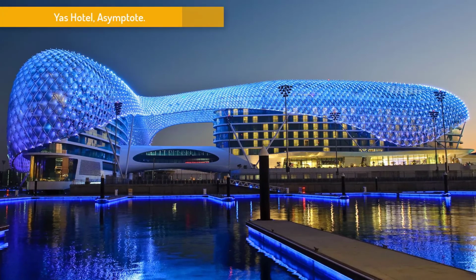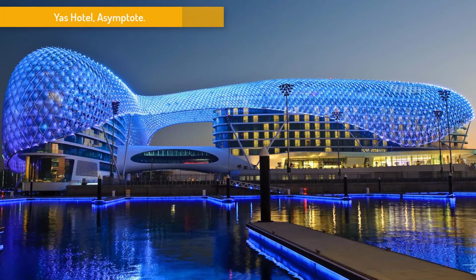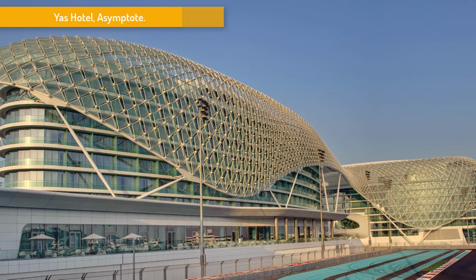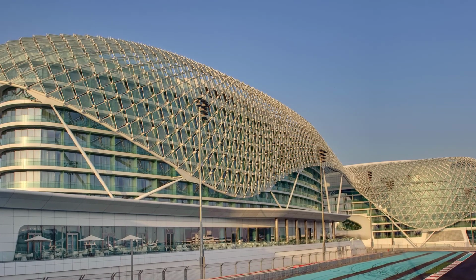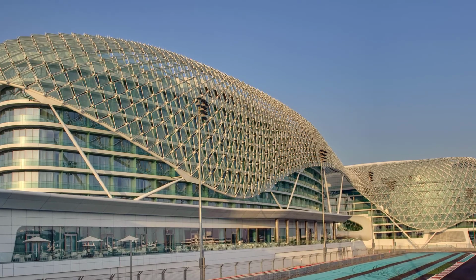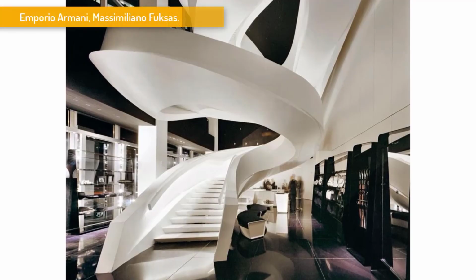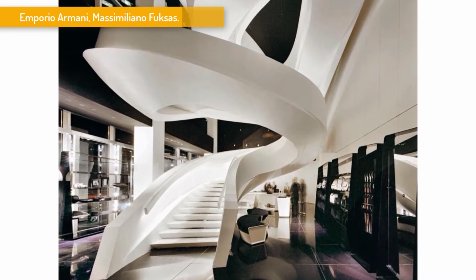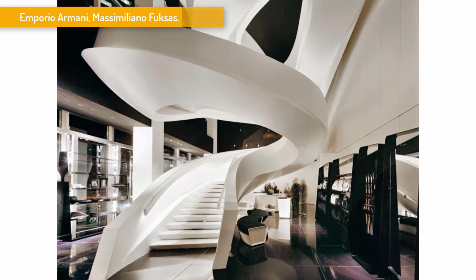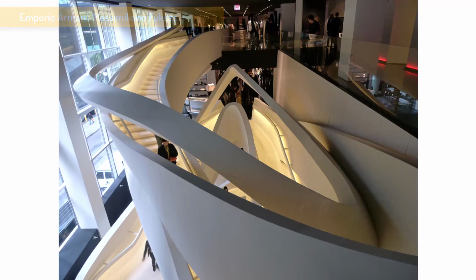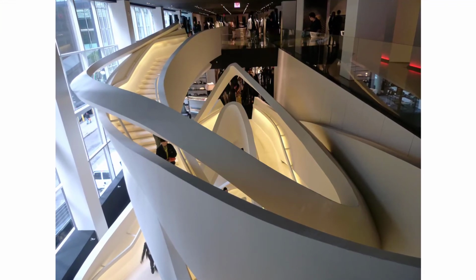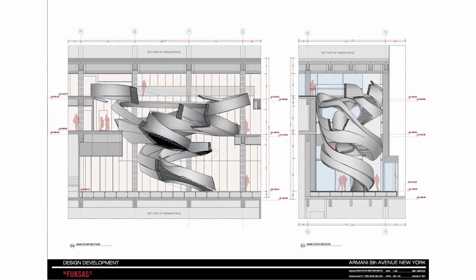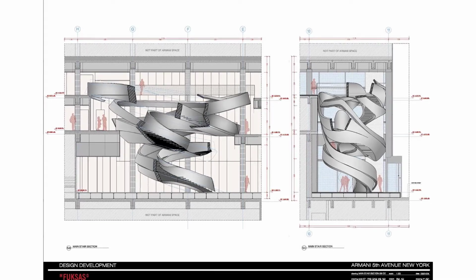This fantastic hotel at Yas Marina Bay is above a Formula One track, and the curved roof with thousands of glass panels explores the complexity as well. The Italian Massimiliano Fuksas made this fluid stair, and it wouldn't be possible to design without BIM. So imagine designing this elevation on AutoCAD 2D.